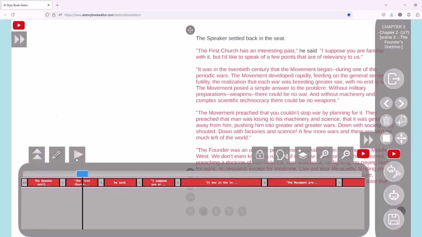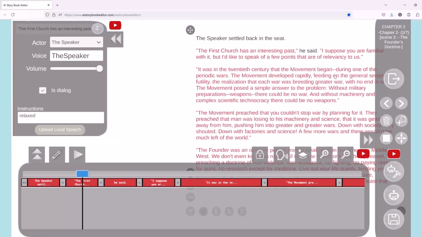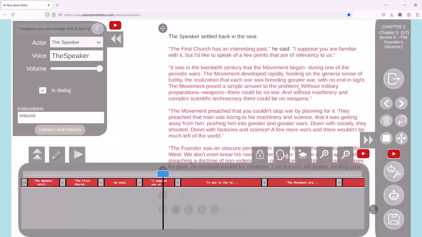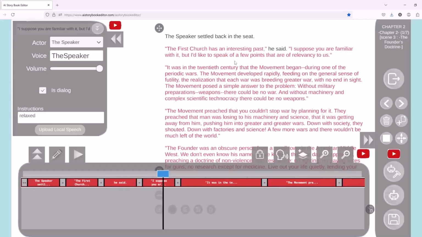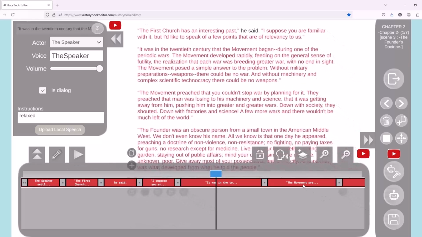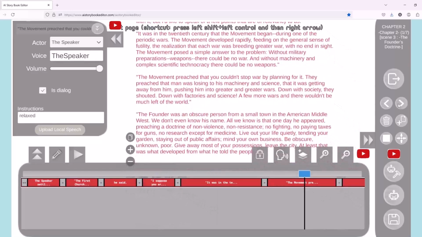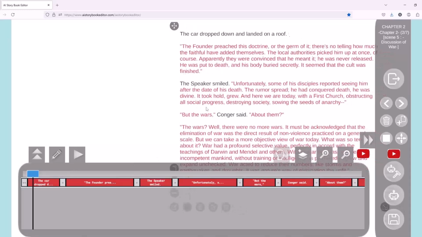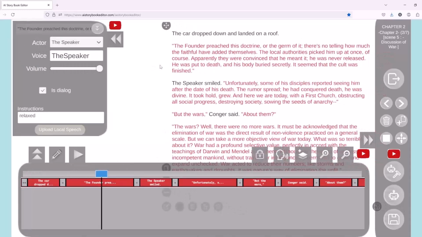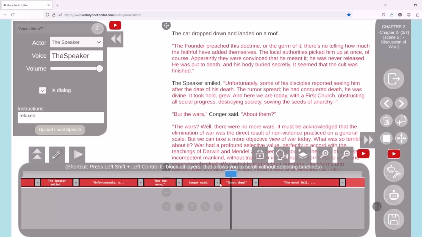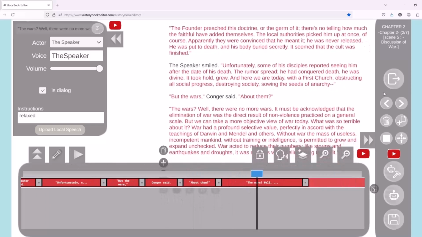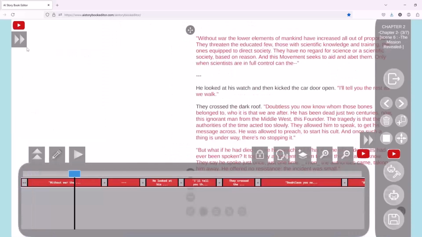So the speaker is talking. Okay, speaker. I suppose you're familiar, but I would like to speak a few points that are of relevancy to us. This is the speaker talking about the mission. Speaker, Conger, speaker, and a speaker.